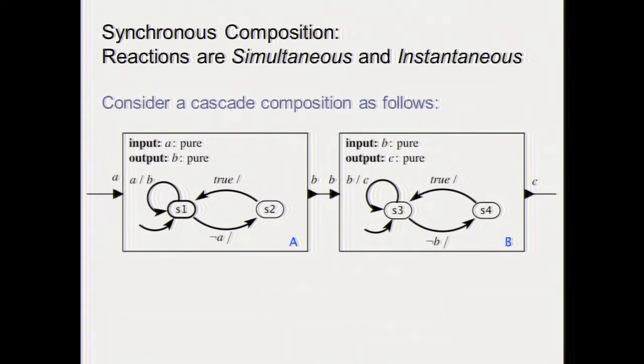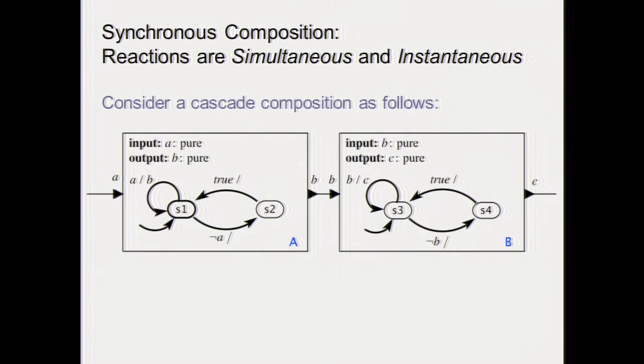Four, it's a product, because I have to look at all the possible compositions of states in the two machines. So it's going to be S1, S3, S1, S4, S2, S3, and S2, S4. These are the four states of the composition.